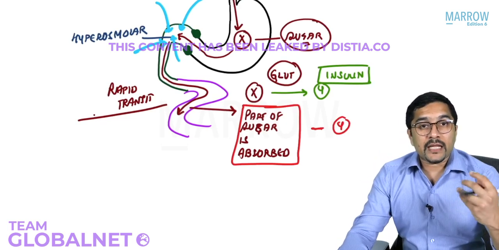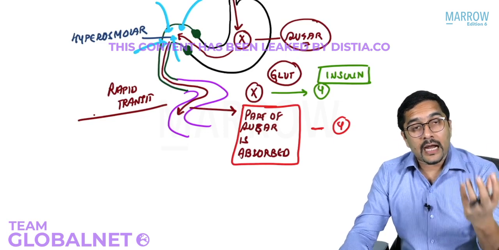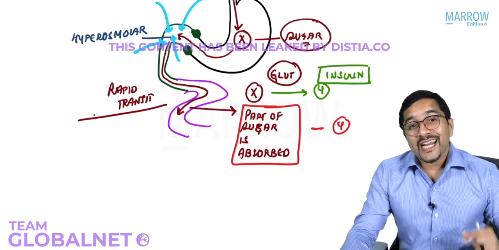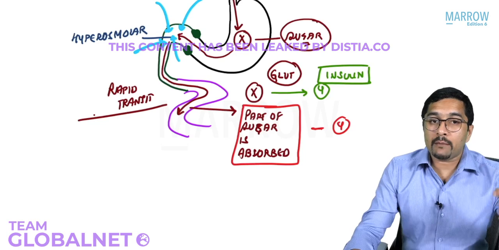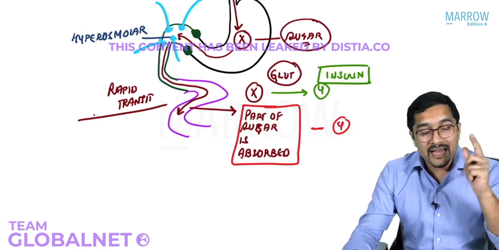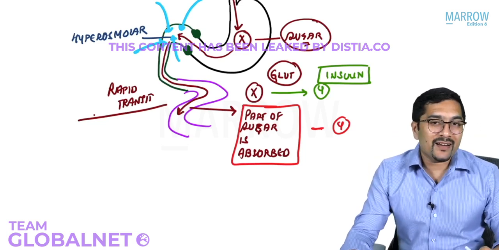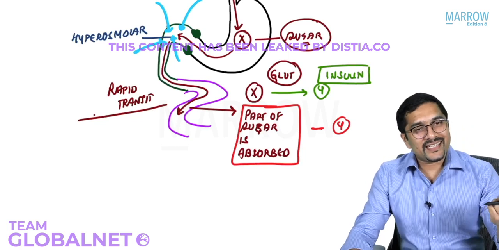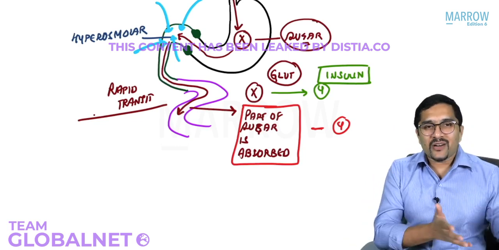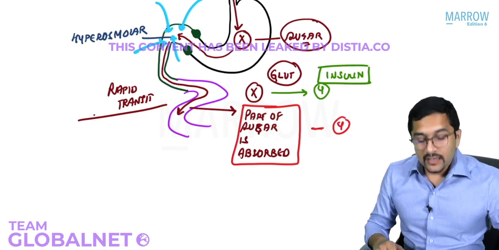So after some time, there'll be excessive insulin. And what will excessive insulin do? It will cause rebound hypoglycemia. And that rebound hypoglycemia is the cause of late dumping. Okay, so this is how early and late dumping develops.